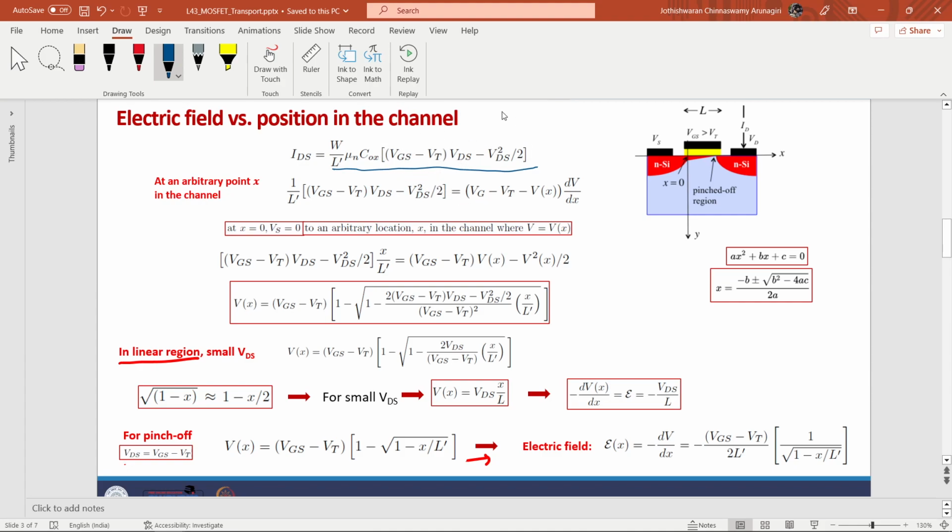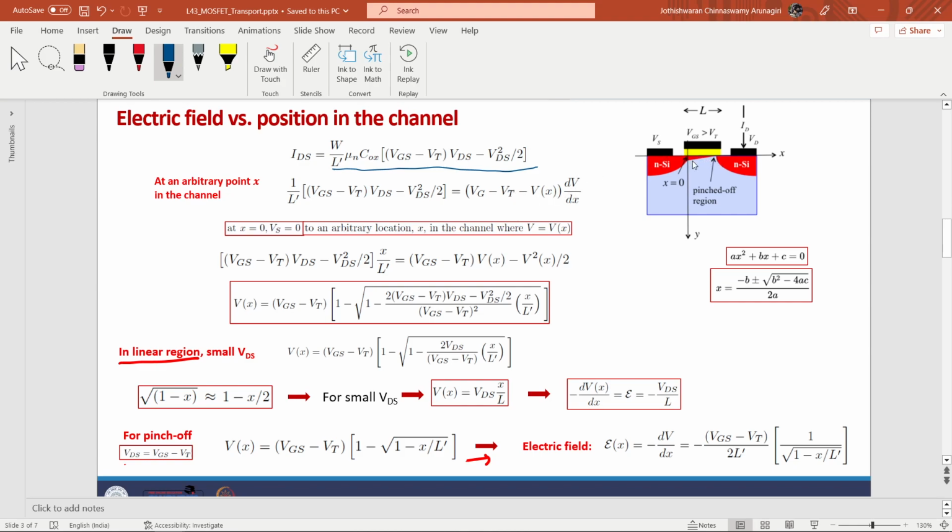So we essentially start from this relation, and what we will remember is that this particular quantity is equal to essentially the voltage at a position coordinate x into the electric field that is in the x direction.